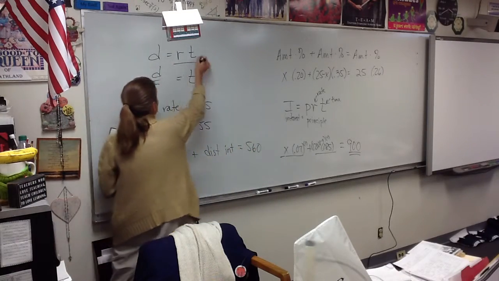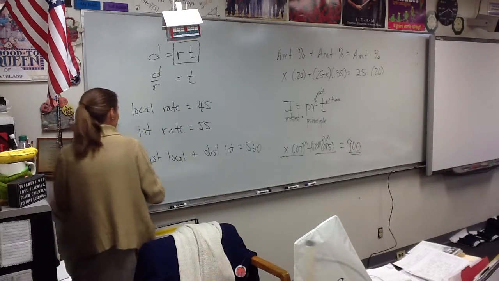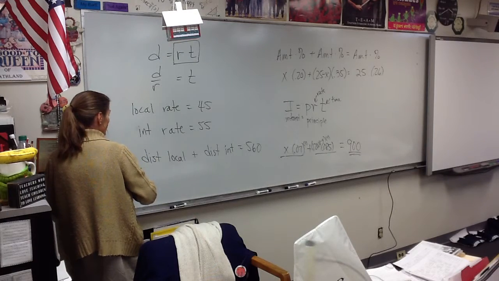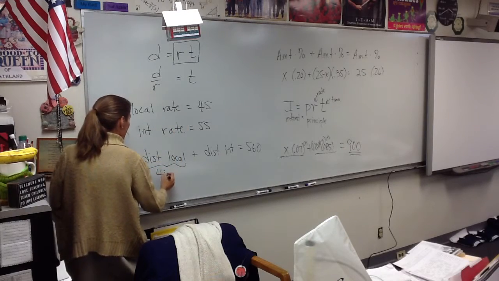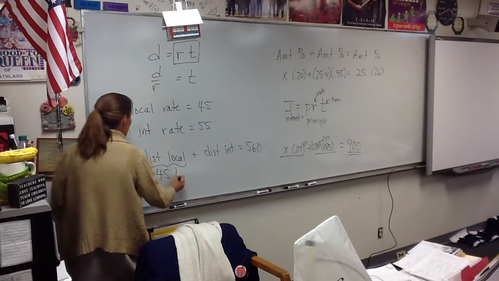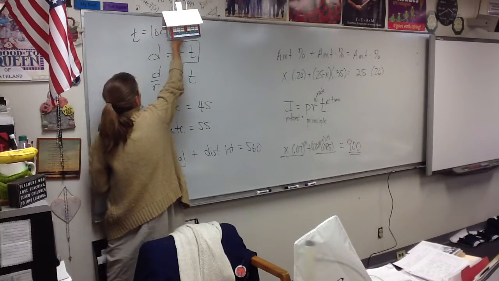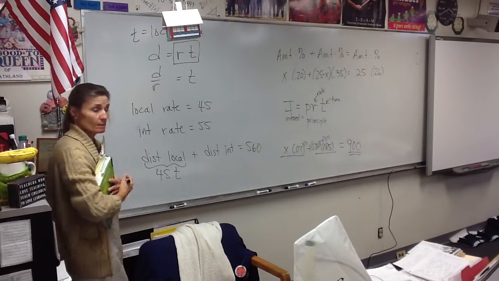And how do we find distance? Rate times time. So on the local highways, the rate is 45, and the time is I don't know what. I'm going to let time be the time on the local highways.